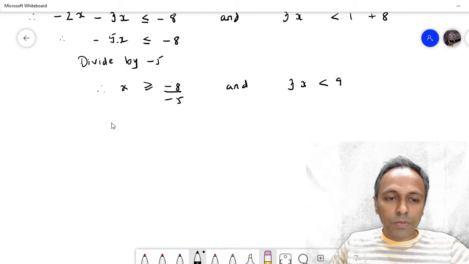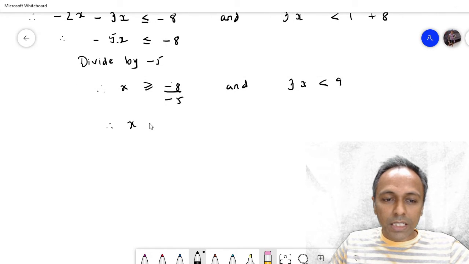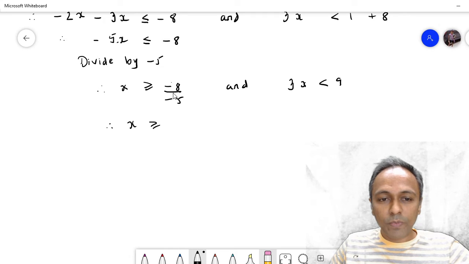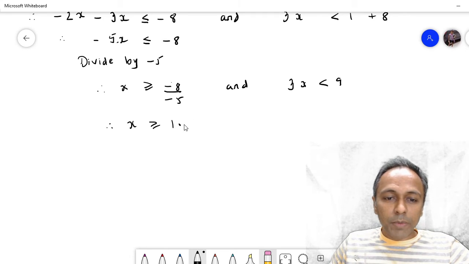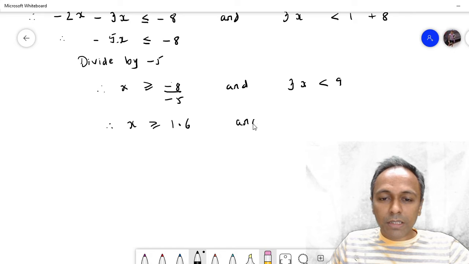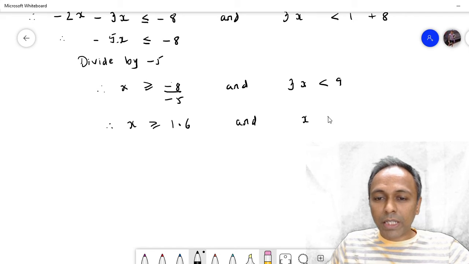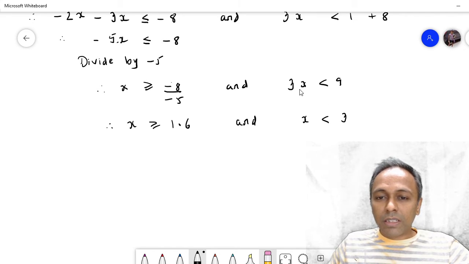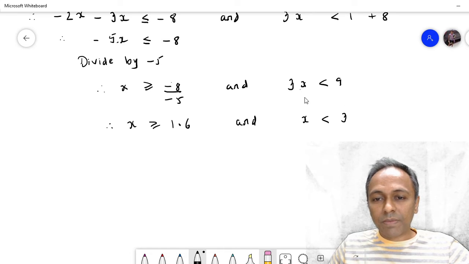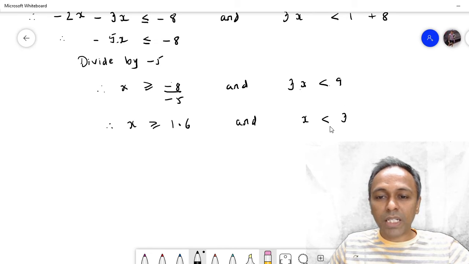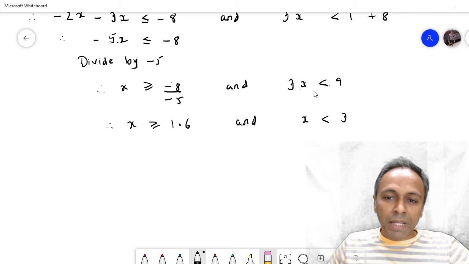This gives you x greater than or equal to 8 by 5, which can be written as 1.6, and here when you divide by 3, 9 upon 3 is 3. There will be no change of sign in this case as 3 is positive.